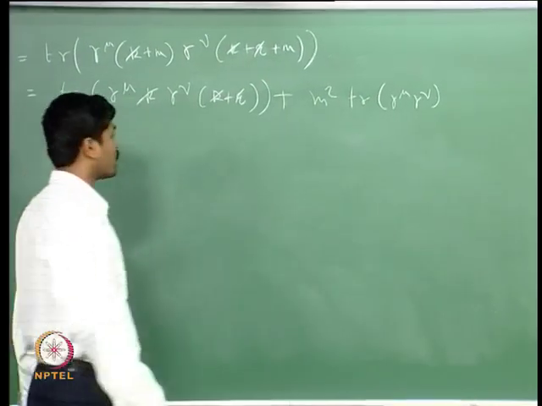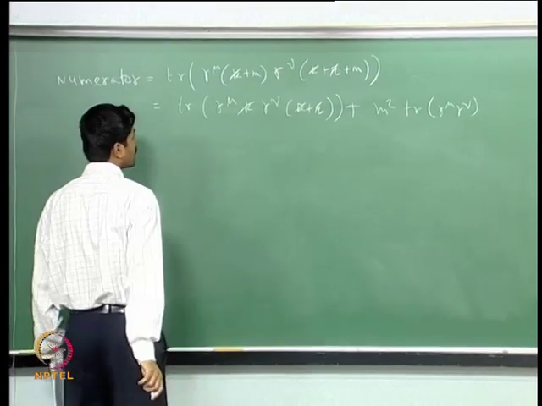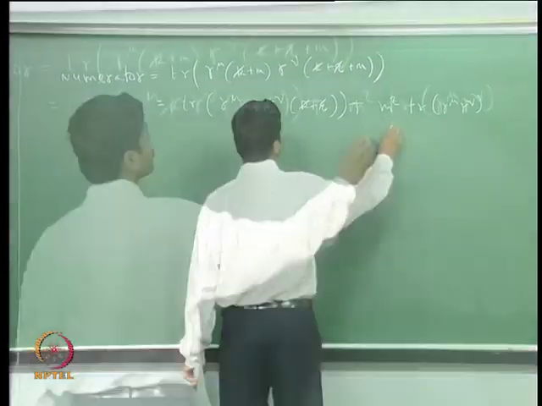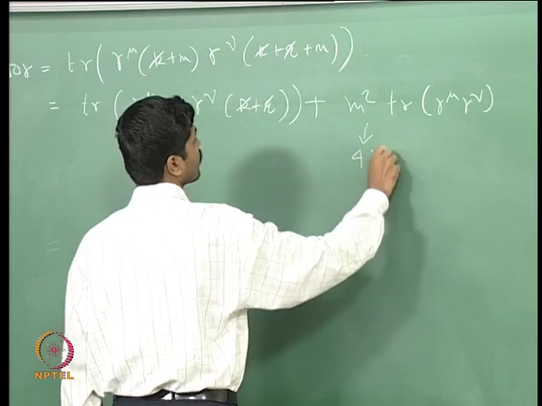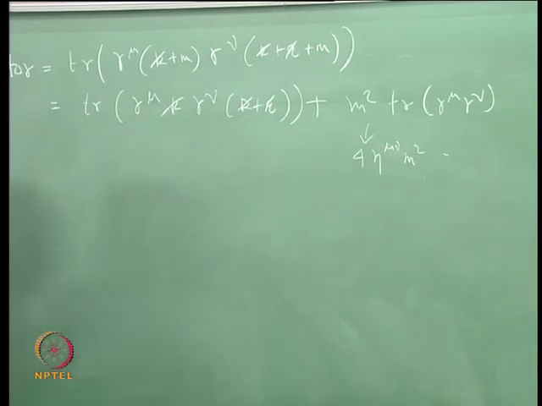All other terms involve 3 gamma matrices whose trace vanishes. So, this is what you will get, and this term here is merely given by 4 eta mu nu m squared, and this term involves 4 gamma matrices.